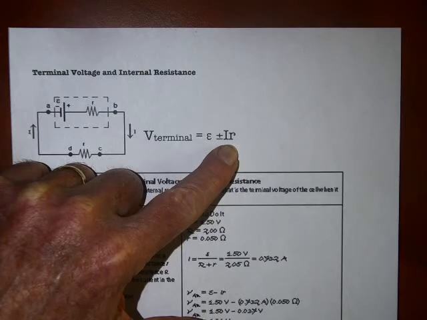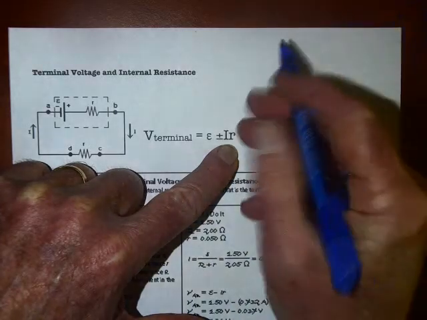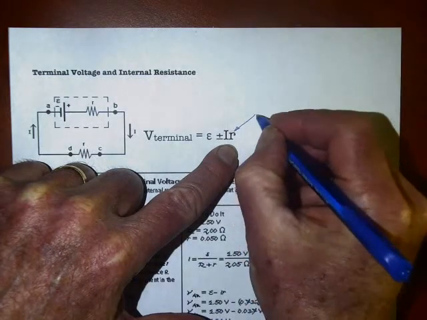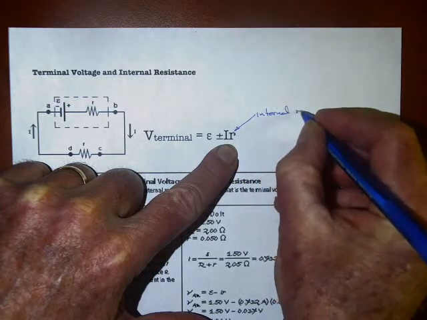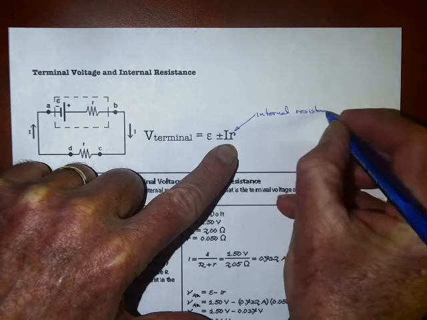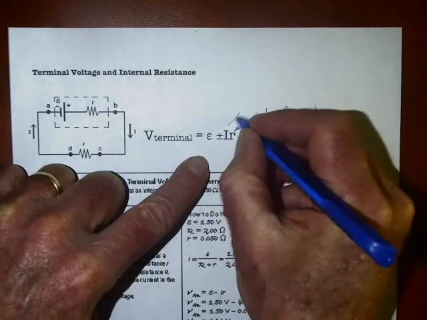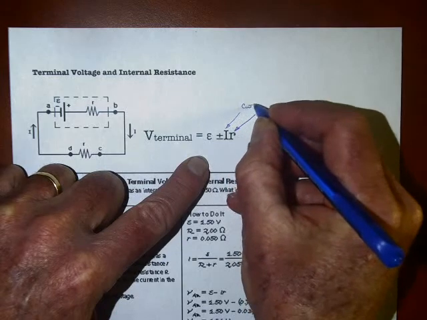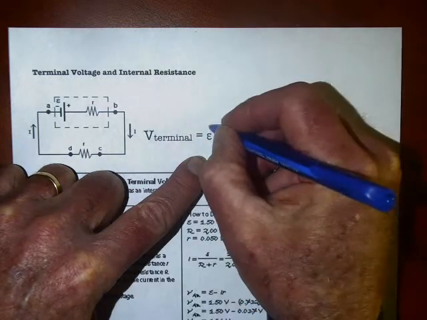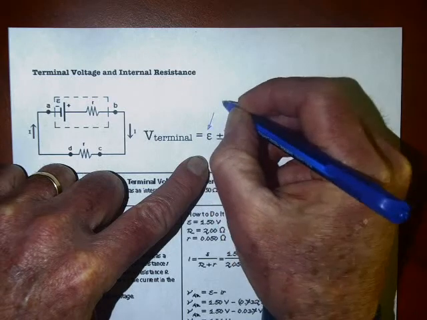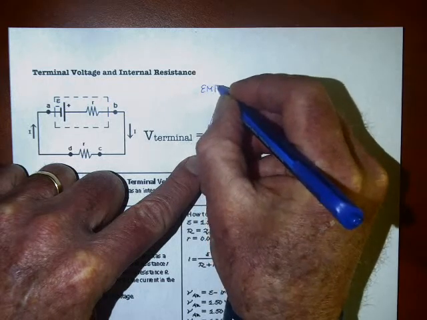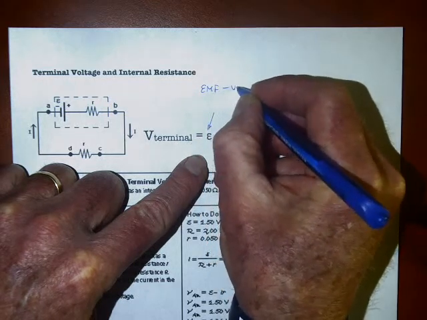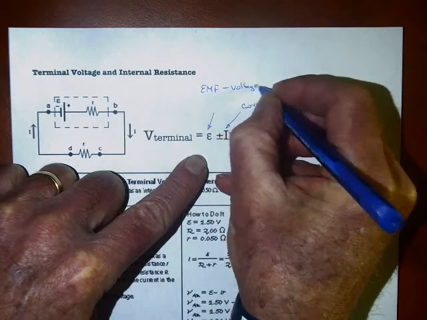Okay? So let's label these things. This is internal resistance, this is current, and this is EMF, electromotive force, or basically the voltage produced by the dry cell.